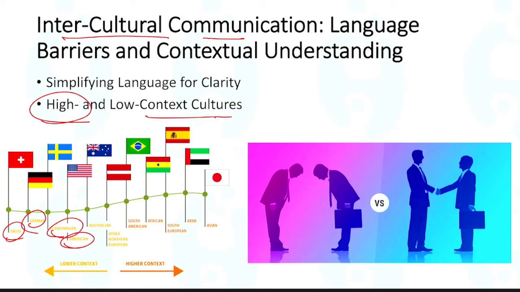So the same word, passing out, means different things in different contexts. That is present in India and also other Asian countries. But passing out means only losing consciousness or falling unconscious in European or American countries, which are low context cultures, where one word has only one kind of meaning, or minimal kind of meaning. I hope it is understood.